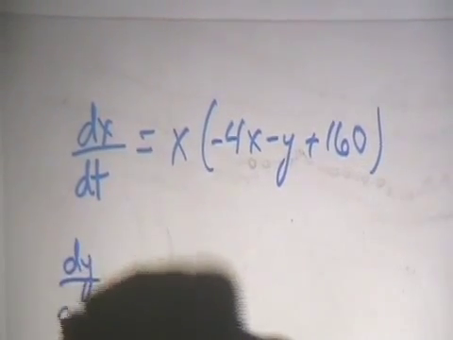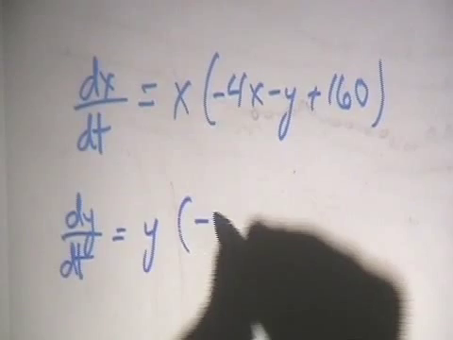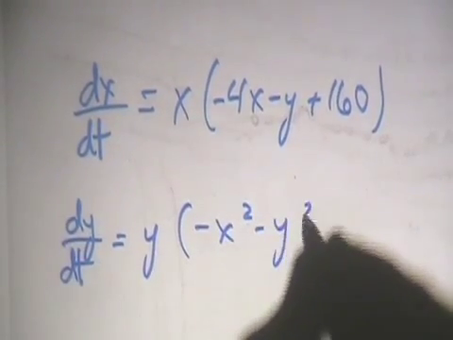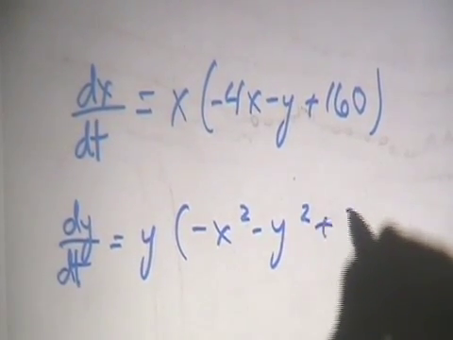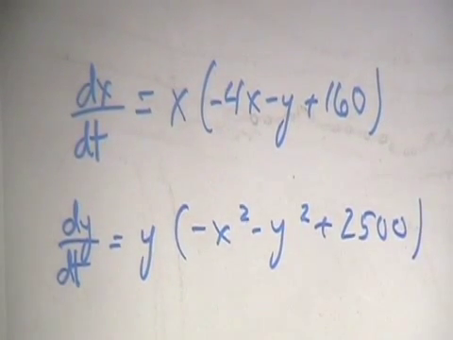And dy/dt is going to equal y times (negative x squared minus y squared plus 2500). I'm actually taking this directly from the book. It's the system from exercise 10 in section 5.2, and that's really the same system as exercise 12 in section 5.1.